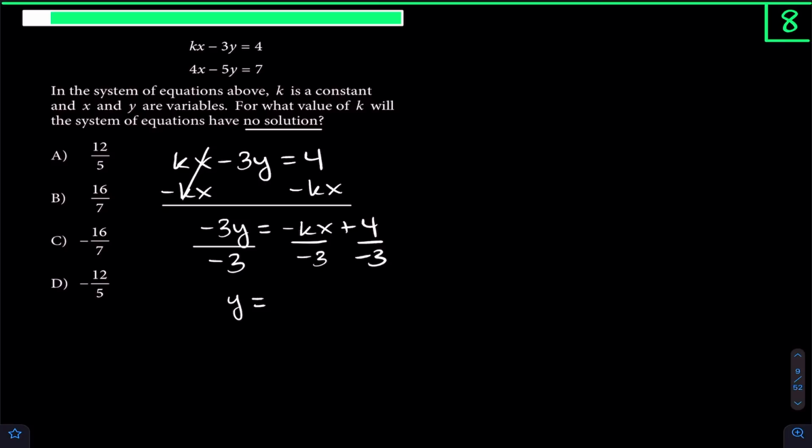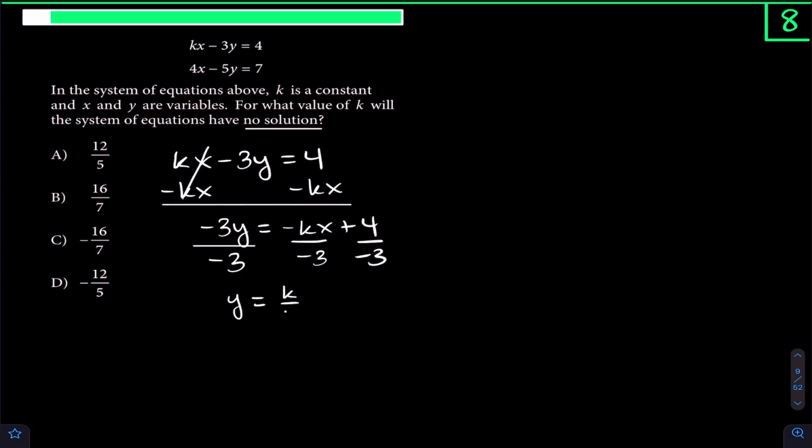And that's going to give us that y is equal to, they're both negative, so this is going to be a positive, k over 3 x. You can leave the x up here, but I like to put it separate. It's still the same thing, but the reason why I like to keep it separate is because now you can see clearly what your slope is. And then we have a negative 4/3 right here. So great, that works. We know our slope is k over 3 for that line.